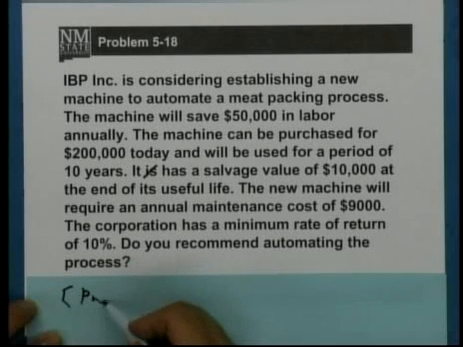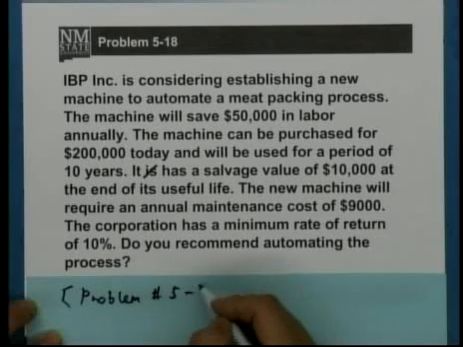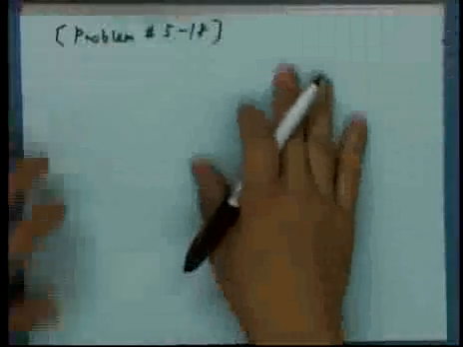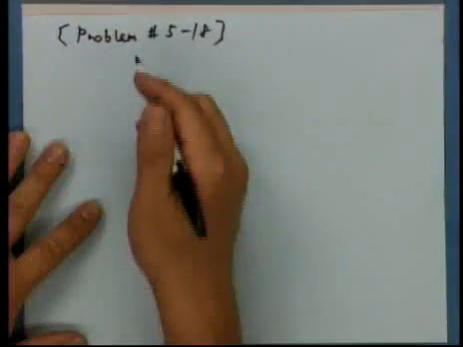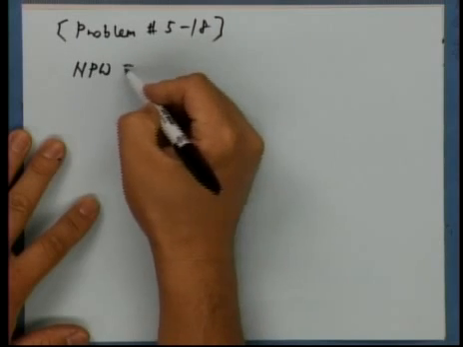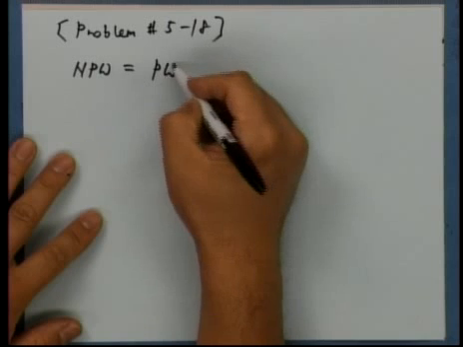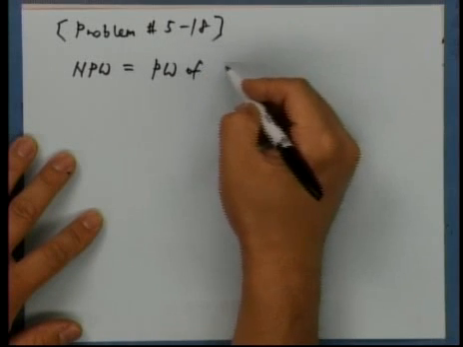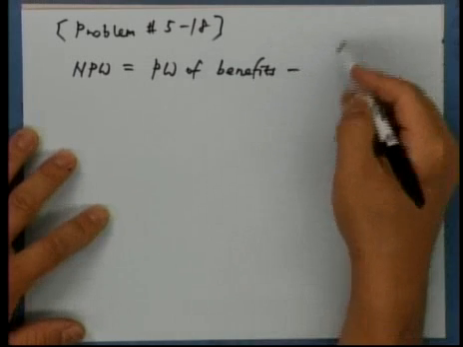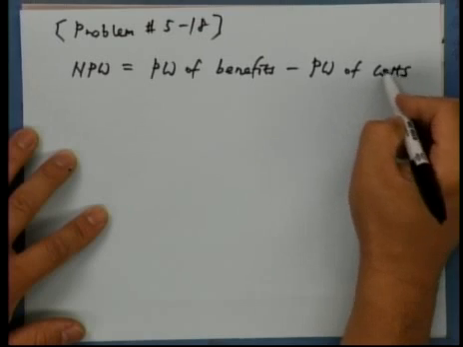This is the problem number 5-18, right? We know that net present worth can be computed by present worth of benefit minus present worth of cost, right?